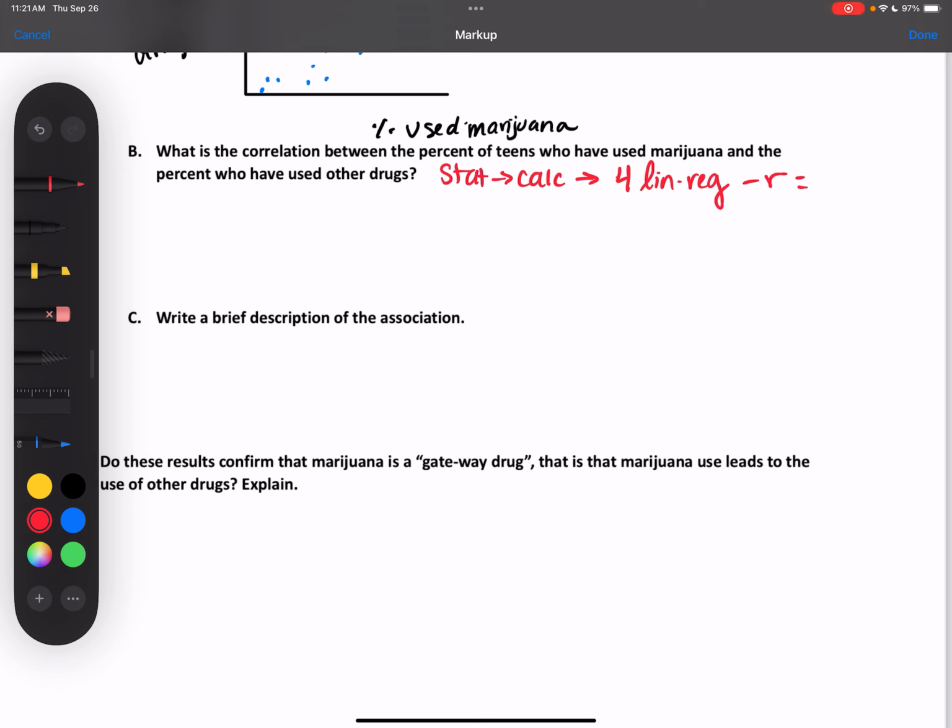Here, hold on, let me go check my list to make sure I typed everything in right. Oh, wait. Okay, that number was wrong. Let's see.